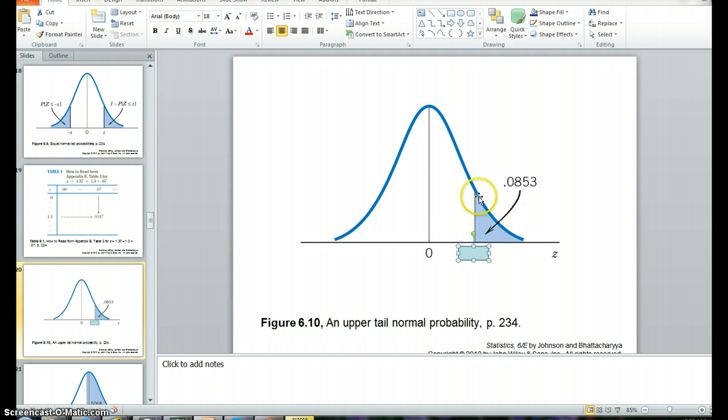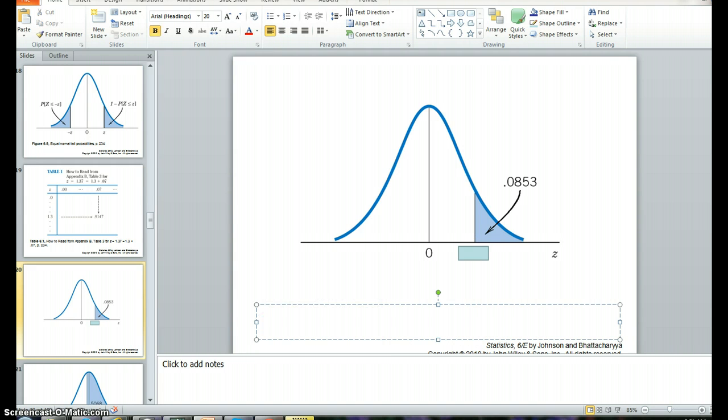Again, we want to use the table, but the table only tells us the area under the curve on the left side. So if the right side is 0.0853, that means the left hand side must be, if I do a calculation, 1 minus 0.0853, which is equal to 0.9147.